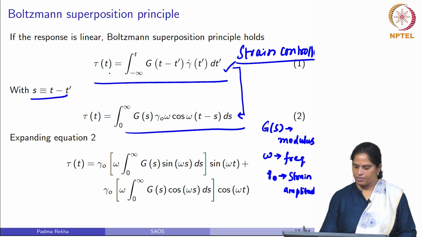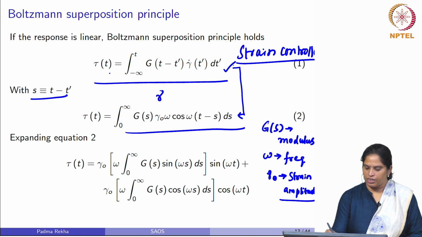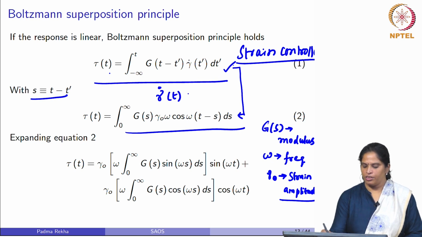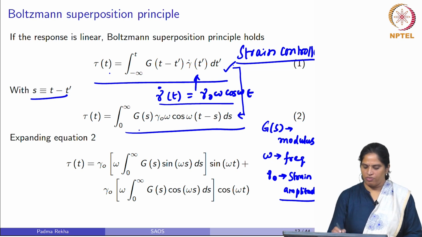You get this function by substituting gamma dot of t to be gamma naught omega cos omega t. When you substitute this in the Boltzmann superposition, the equation simplifies to this.